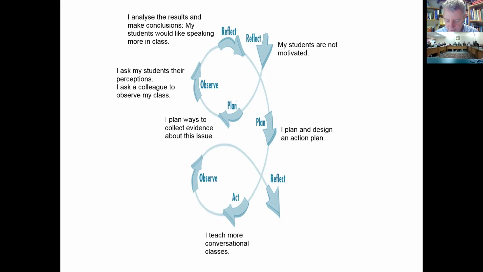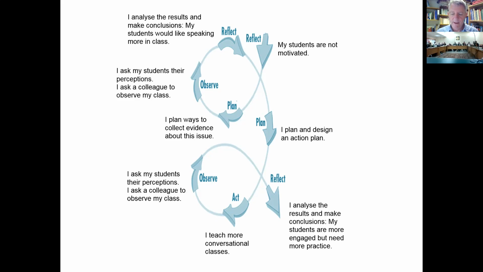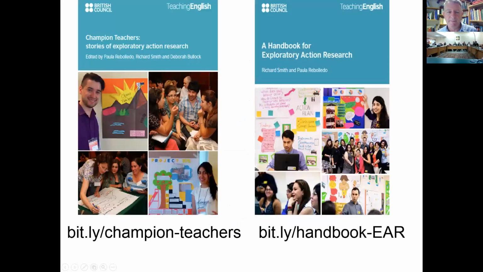And then reflected about that. The students did become more engaged, but they needed more practice. So the second part of this diagram, the bottom half, is action research. The top half is exploratory research. And together that makes exploratory action research.